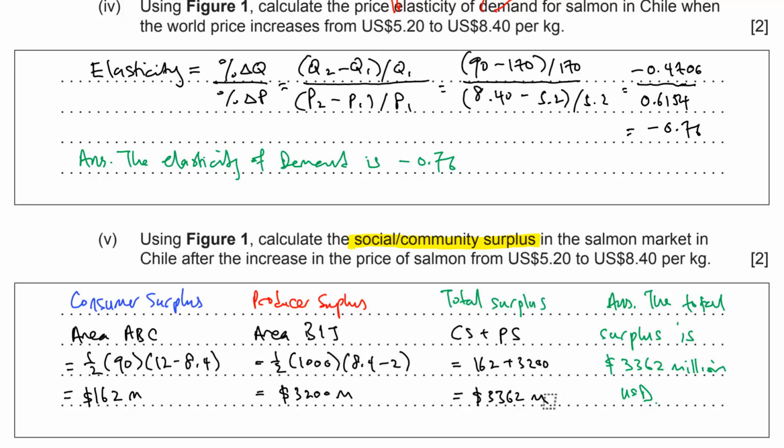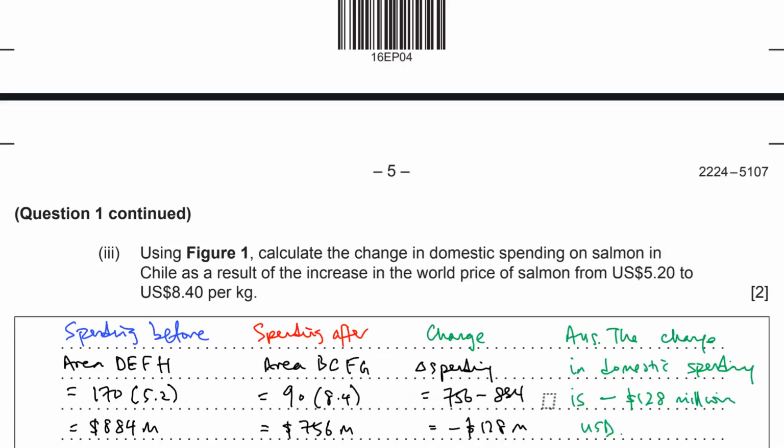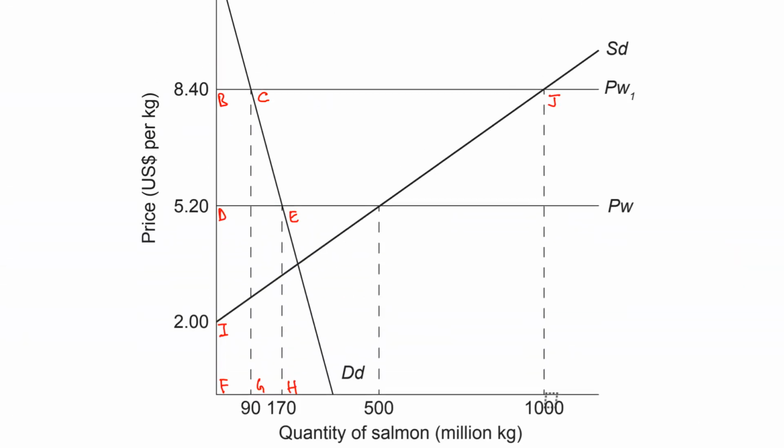Here they're referring to the consumer surplus and the producer surplus at $8.40. So when the price has gone to $8.40, what is the consumer surplus and what is the producer surplus? The total surplus would be both. Let's go back to the diagram and see if we can figure out what those surpluses are.